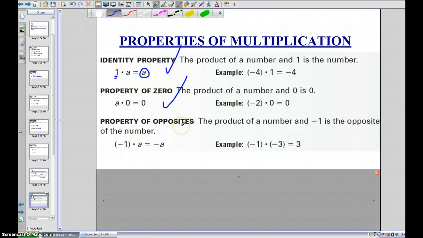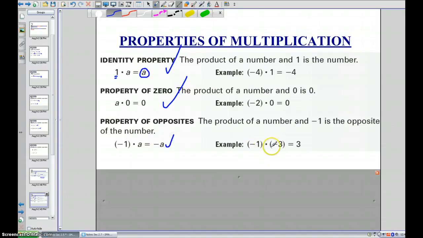And then the property of opposites. Well, opposites back in addition meant that if we added a number and its opposite together, we would get 0. So for example, the opposite of 2 would be negative 2. So 2 plus negative 2 would actually give us 0. So the product of a number and negative 1 is the opposite of the number. For example, if I gave you 2 right here, negative 1 times 2 would actually give me the opposite of that number.